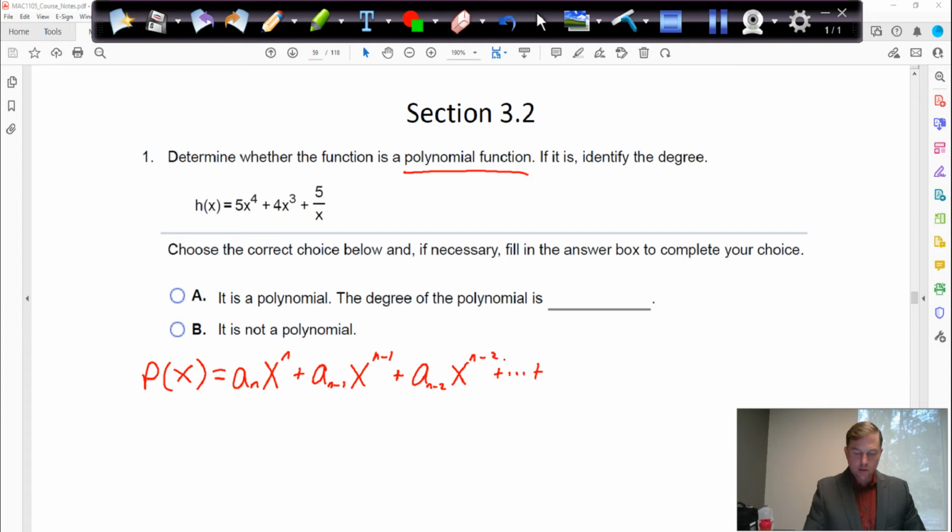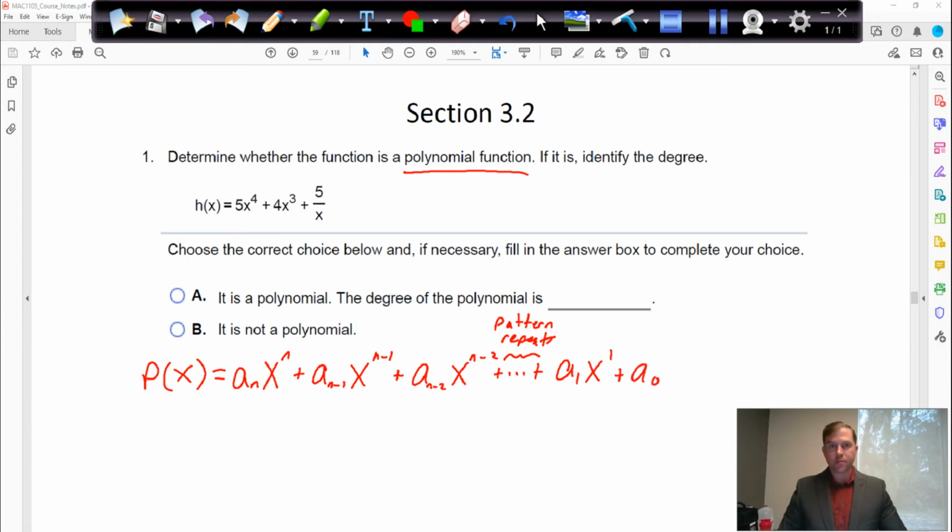These three dots mean the pattern repeats. You get to a_1 x to the 1, and then you get to a_0. So there's no x's now.